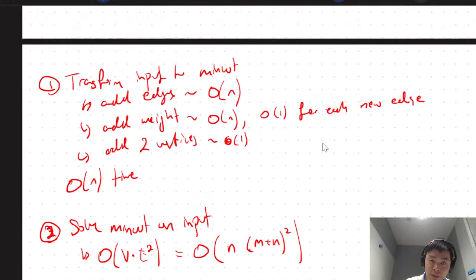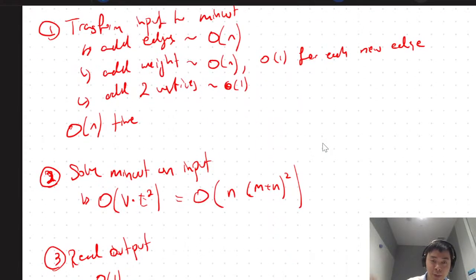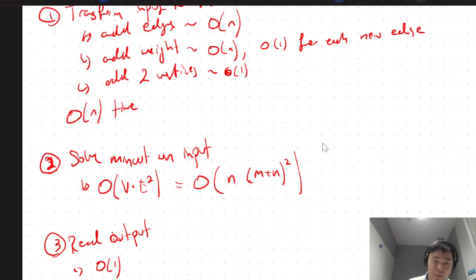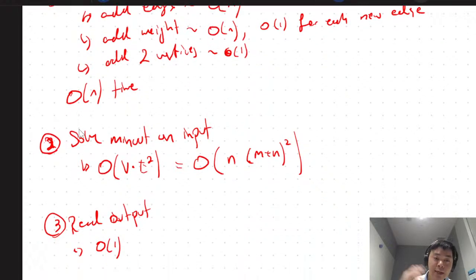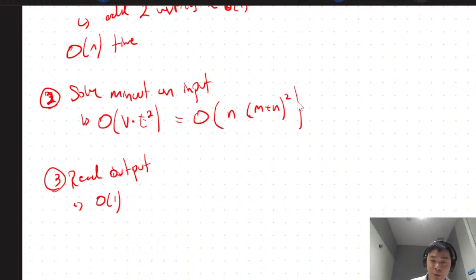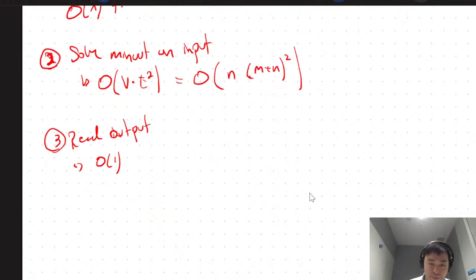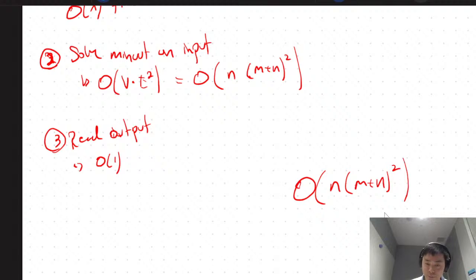So in all, the algorithm is transforming inputs to min cut, which takes O of n time. Then you solve the min cut problem on the input, which takes time in the order of n times n plus n all squared, and then you just read the output, which takes constant time. So the entire algorithm would take something like O of n times n plus n squared, which is polynomial in the input.